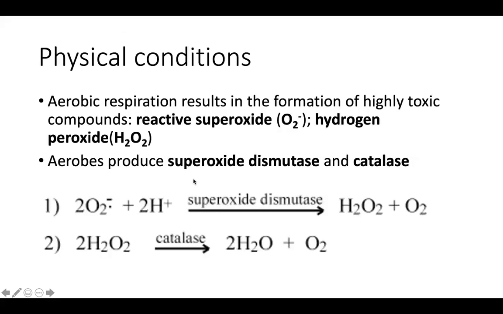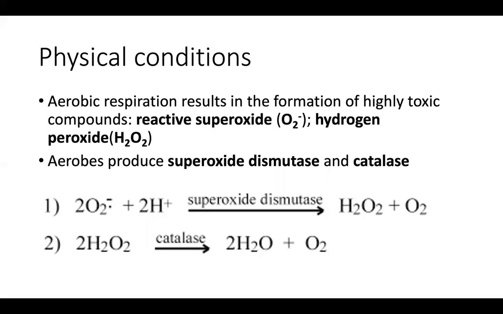So aerobic respiration, remember, results in the formation of highly toxic compounds. You have the reactive superoxide, and you also have hydrogen peroxide. So organisms that are aerobes, which means that they can survive in the presence of oxygen, produce two very important enzymes, and that's superoxide dismutase and catalase.